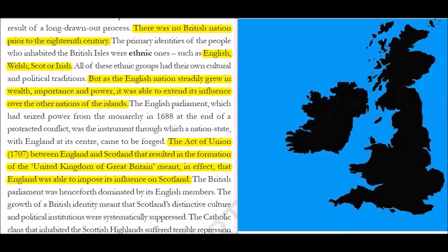The primary identities of the people who inhabited the British Isles were ethnic ones such as English, Welsh, Scot, or Irish, and all of these groups had their own cultural and political traditions. But as the English nation started to grow in wealth, importance, and power, it was able to extend its influence over the other nations of the island.